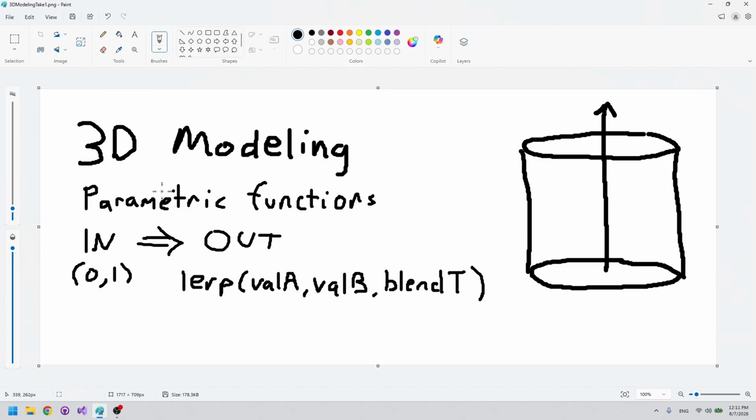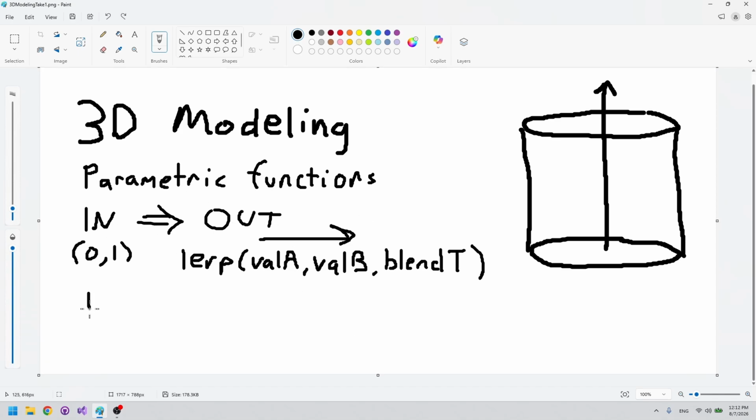I call basically any parameter that goes from 0 to 1 and controls where we are, like in this example, in this blend from A to B, a single parameter like that T. So in this case, let's say blend T is 0.75. We'll be 75% of the way through this blend. That's the basic idea of what a parametric function is.